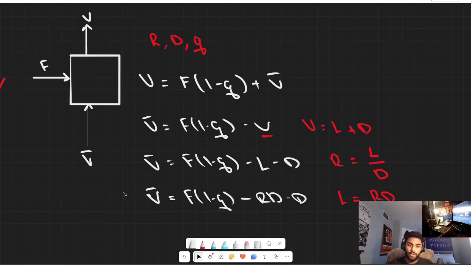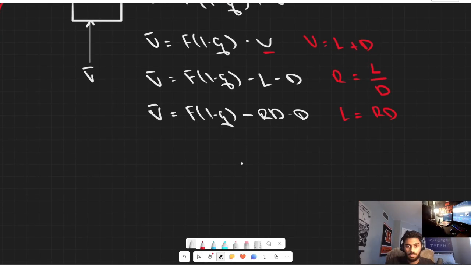And we can simplify that by conjoining these like terms. So now V bar equal to 1 minus Q minus, if we take a minus D out, no, let's just do this, minus D R plus 1, right?